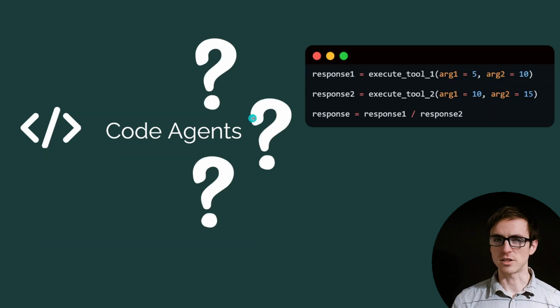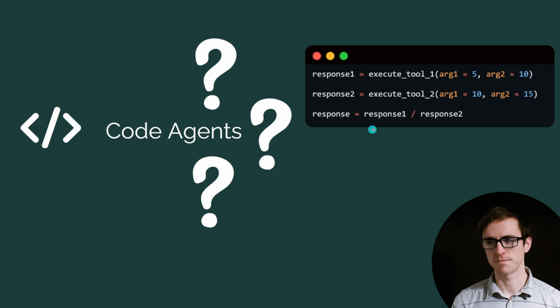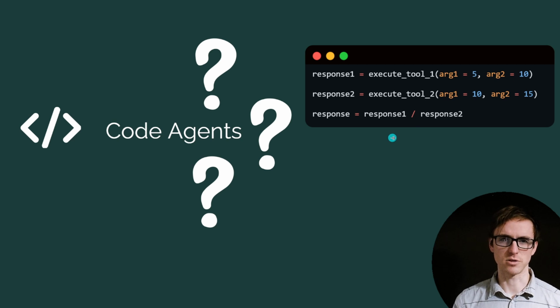So, code agents, what's that all about? The advantage of code agents is a few things. Because the tools are written as code, you can combine the outputs of multiple tool calls, and you can also handle failures significantly more easily. The code written will have access to other libraries that you can use to do more interesting things off the back of those tool calls.